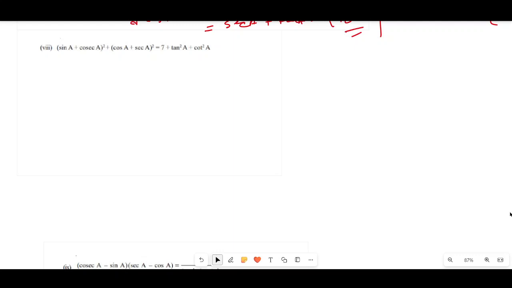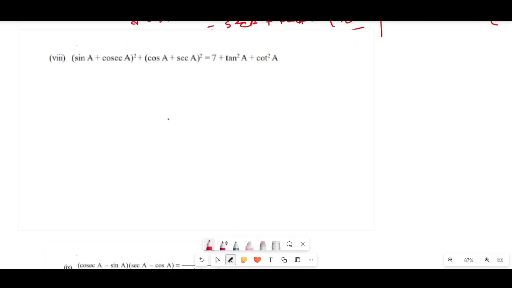Now come at the next one: sin a plus cosec a whole square plus cos a plus sec a whole square equal to 7. So don't worry, we should solve the left hand side directly. Now first we should square it.